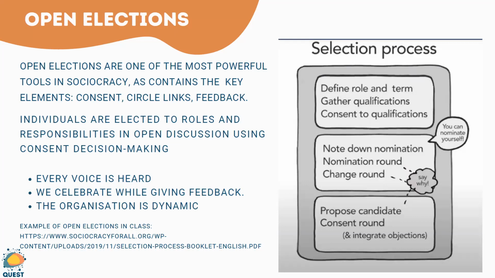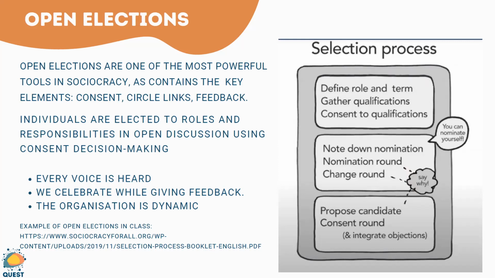Why do I think this is extremely important? Because in this process, persons who are more shy, more reluctant to emerge, can be brought up by the rest of the group. Even those who would be reluctant to candidate themselves can be supported by the group. It's a very transparent way of telling what you think about the others in your group, and of electing and therefore changing the structure of the organization.